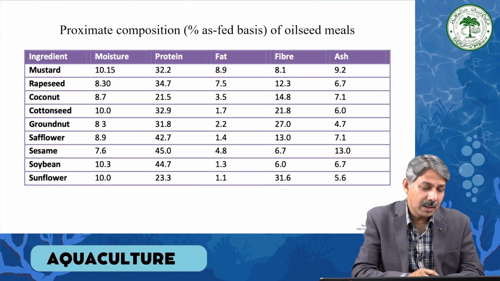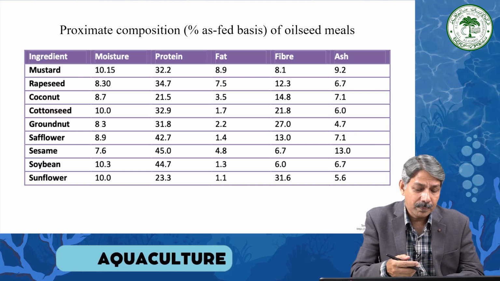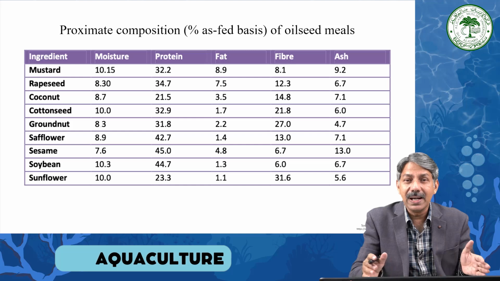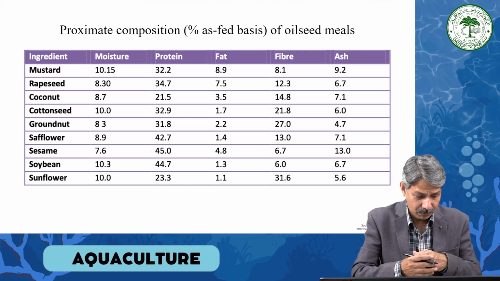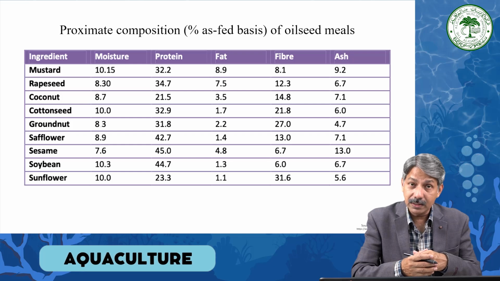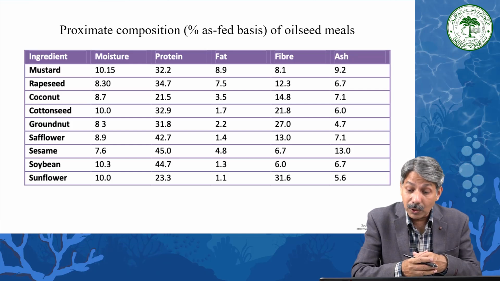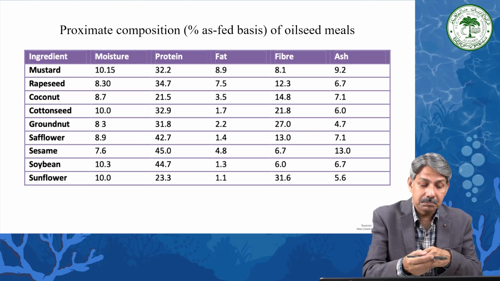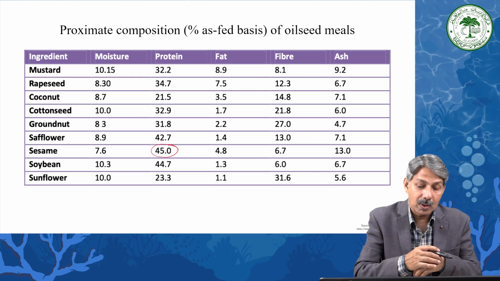Now, here in the table, the approximate composition of different oilseed meals has been shown, compiled in a table where you can have a look at which one is giving more protein, and which one you need to include for what nutrient content. So, depending on that, you can see that the sesame oilseed meal has 45% protein.